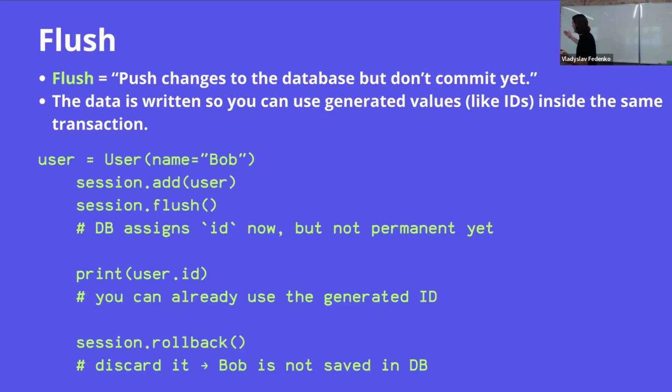So we need to have our user ID first. But if our user ID is auto-incremented, we can't have it until we commit our changes. For such operations, we have flush. We can add the user, flush it, and then inside our user model we will already have an ID that was auto-generated, and then we can use this user ID, and then we can commit all of our changes.